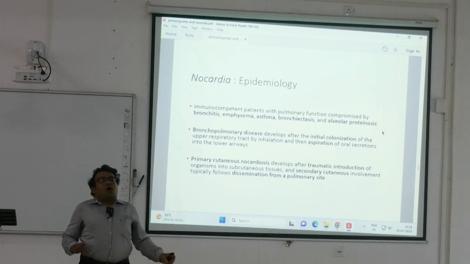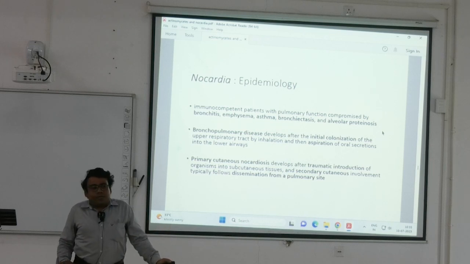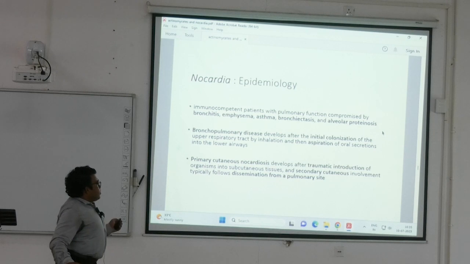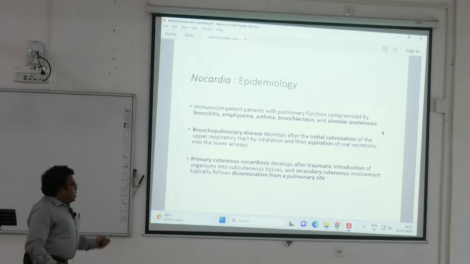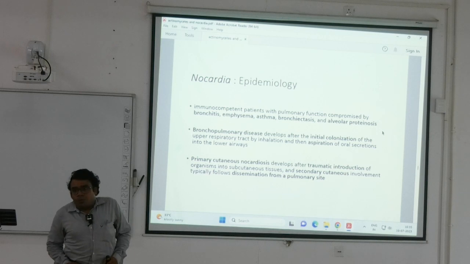So in all these diseases, which do not effectively clear out what is inhaled, this organism may go into the alveoli and cause disease. So the bronchopulmonary disease develops after initial colonization and then aspiration. This is how a pulmonary infection occurs. This is called pulmonary nocardiosis.